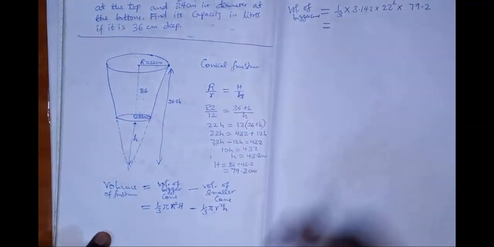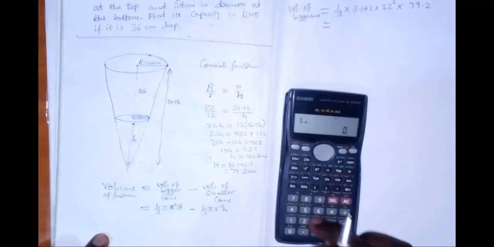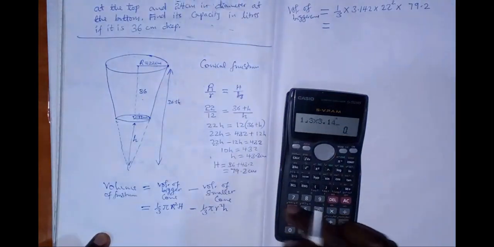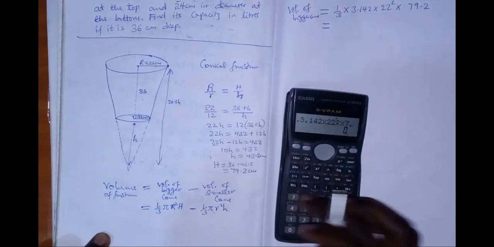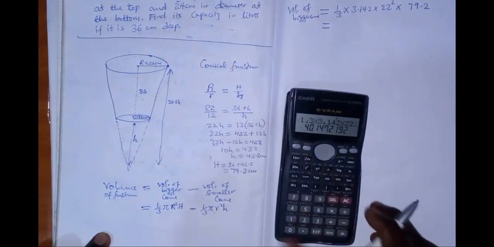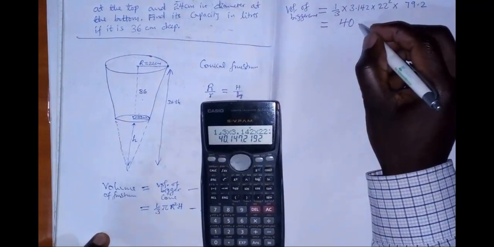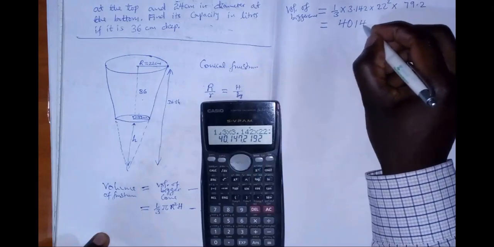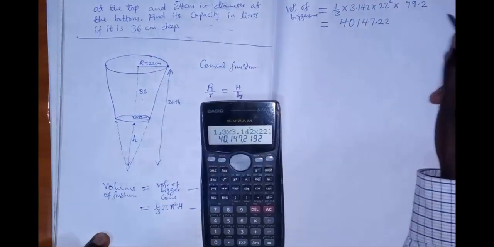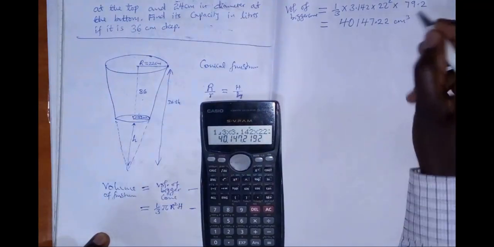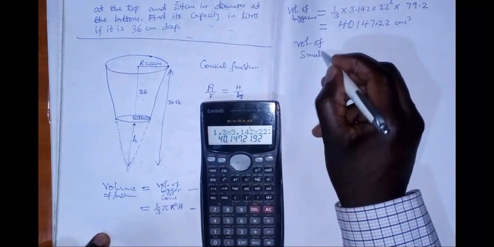If we work it out, we shall have a third times 3.142 times 22 squared times 79.2. So we get 40,147.22 centimeter cube.